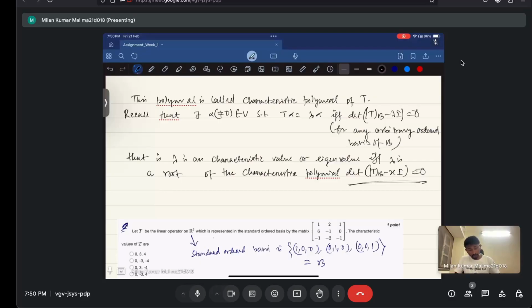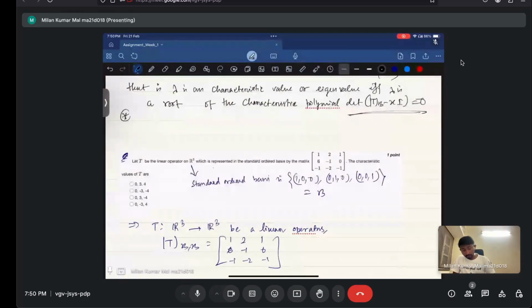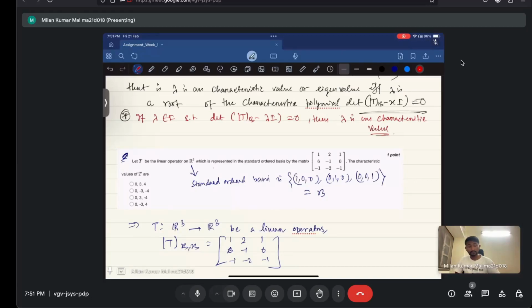And therefore, if there exists a lambda belonging to F such that the determinant of T_B minus xI is equal to 0, then lambda is a characteristic value.